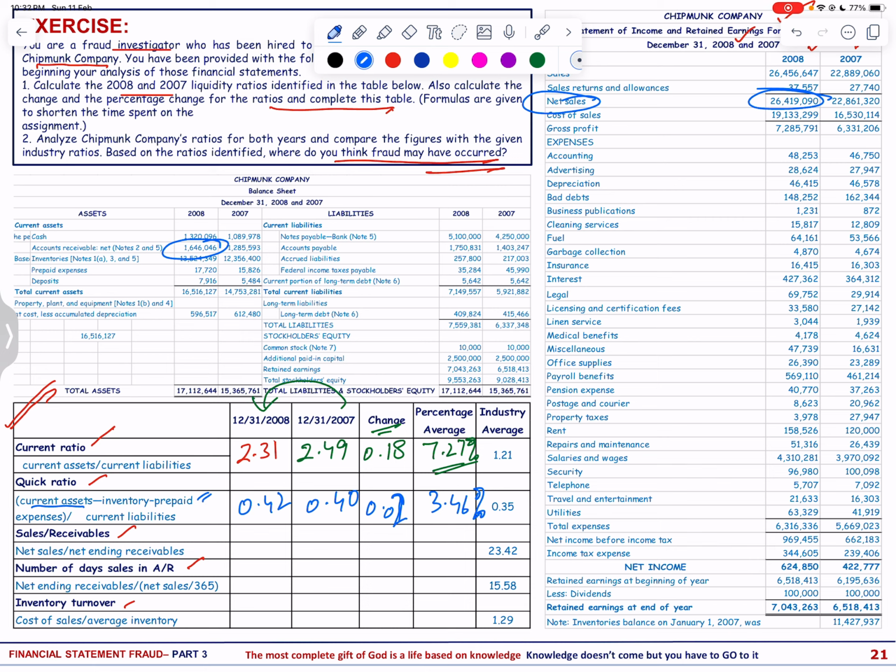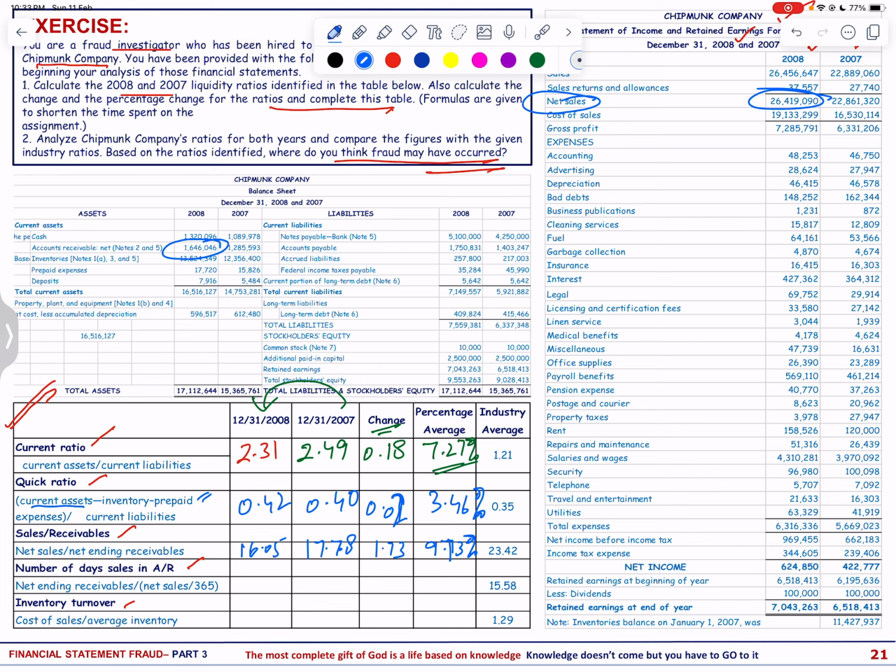So when we divide, this is going to be 16.05. We will use the same for the year 2007, that is 17.78, and there is a decrease of 1.73. In terms of percentage, there is a decrease by 9.73%.